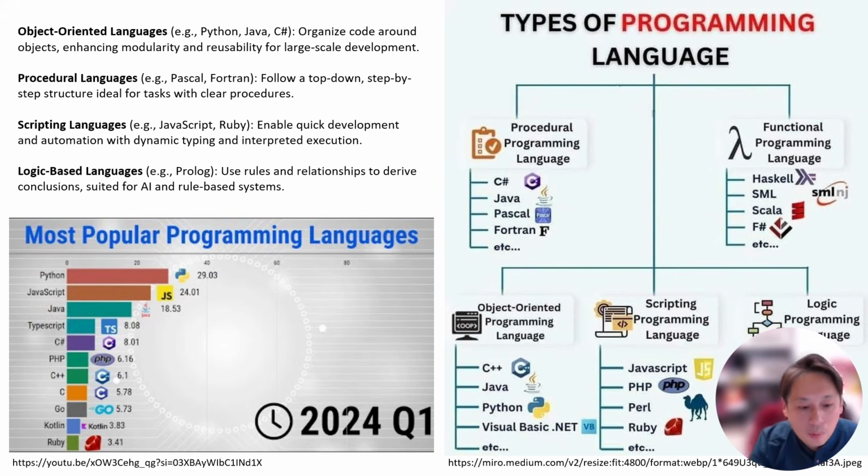And later on, around 1990 something to the year 2000, some people thought, is there anything that can change the thinking process of programming? So we have Java and then we have Python. Today, most people ask you to learn Python, right? Python is one of the most simplified object-oriented programming languages.